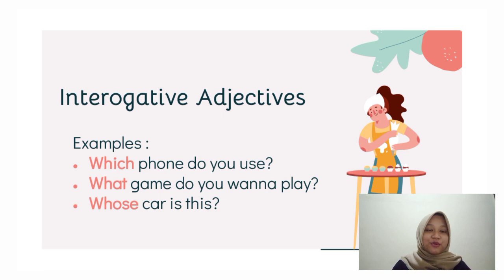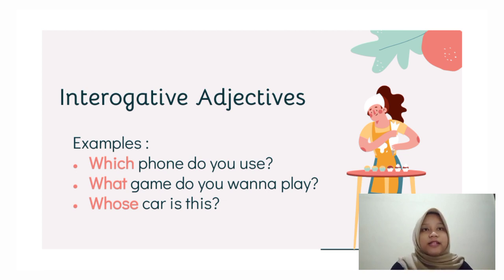So this adjective asks a question, and it must be followed by a noun or pronoun after words like which, what, whose, and other interrogative words. It must be followed by a noun or pronoun, and this word will not be considered an adjective if a noun does not follow right after it.